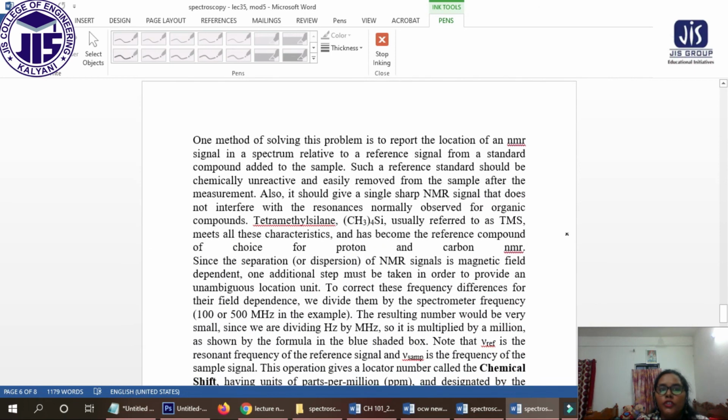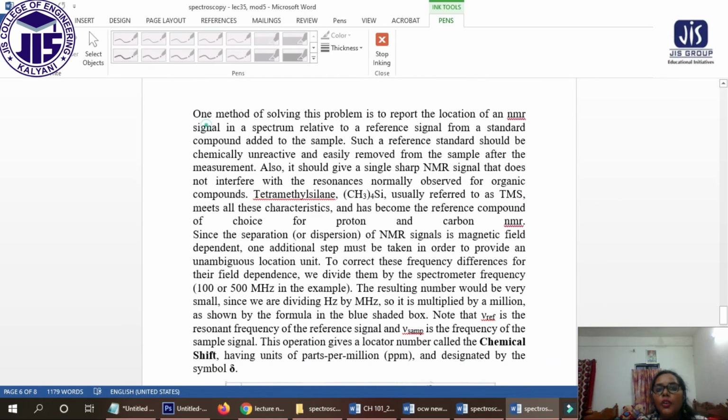So one method of solving this problem is to report the location of an NMR signal in a spectrum relative to a reference signal from a standard compound added to the sample. Such a reference standard should be chemically unreactive and easily removed from the sample after the measurement.